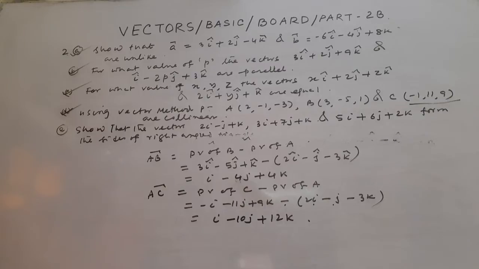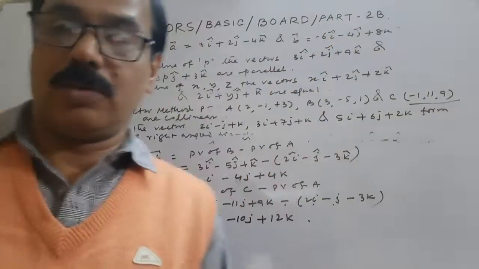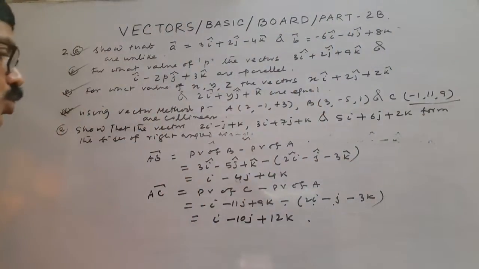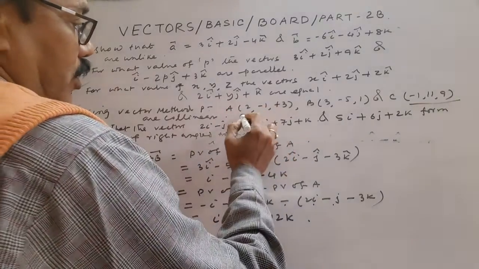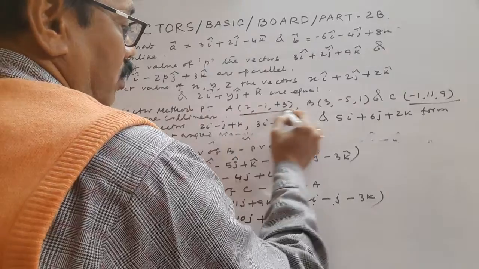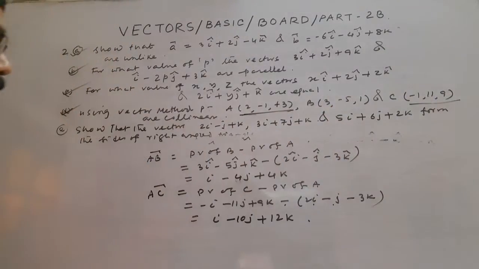So we see the data again. Now listen again. Prove that the points 2i minus j, this is plus 3k, it will be plus 3, not minus, B and C are collinear.